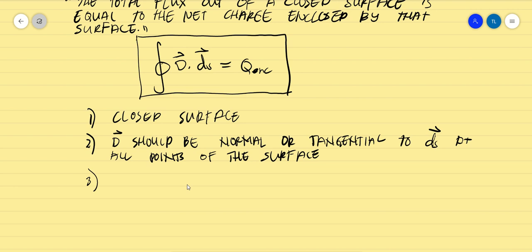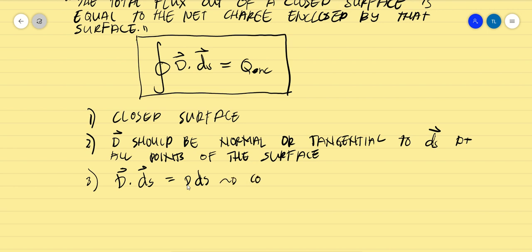But if they are tangential or in the same direction, then the dot product between D and dS will be just equal to D times dS. We just remove the vectors, the direction, because this is a scalar product, and cosine of 0 is 1, so we don't need to put 1 here. So we just take this one.